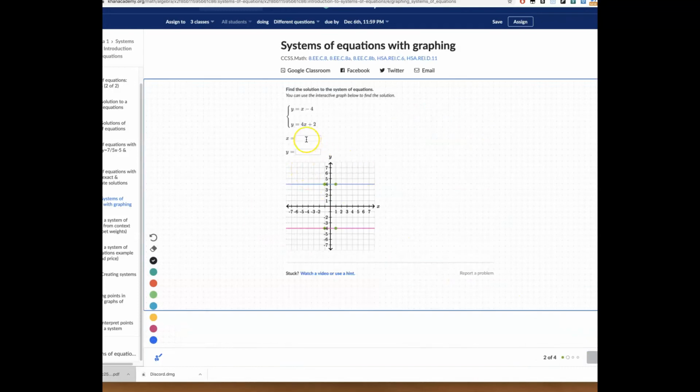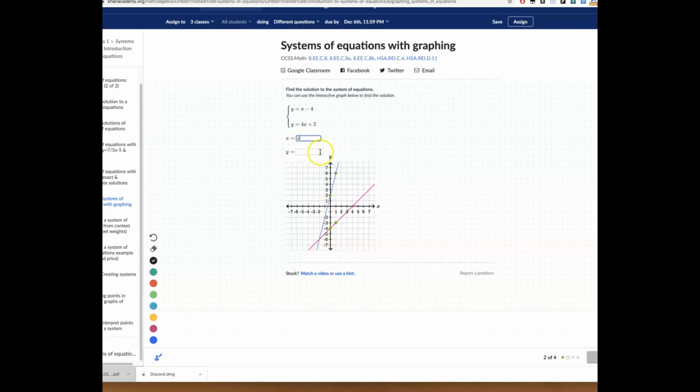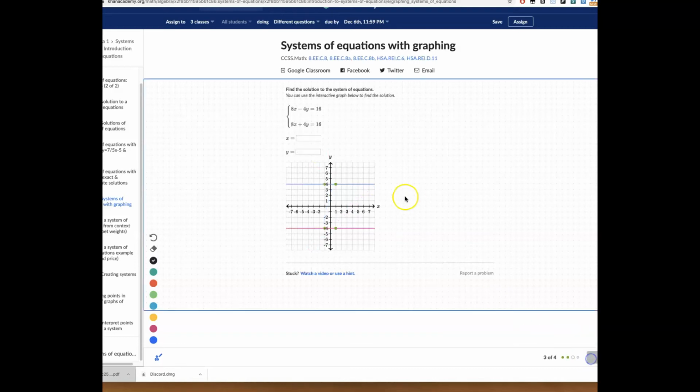I want to find one of the other kinds, so I'm going to kind of zoom through this one. There's a kind that makes it a little bit tougher for graphing. This one looks like negative 2, negative 6. Actually, I think it makes it easier for graphing. All right.